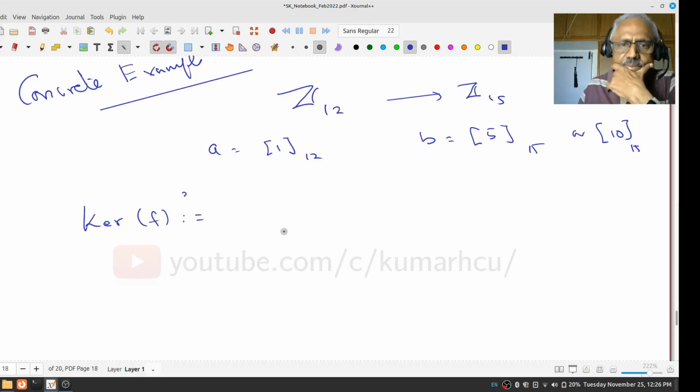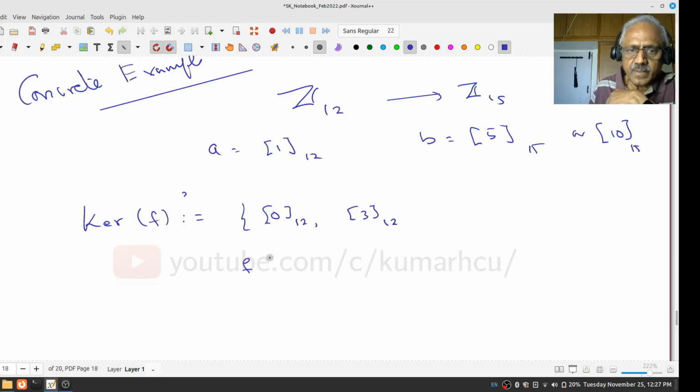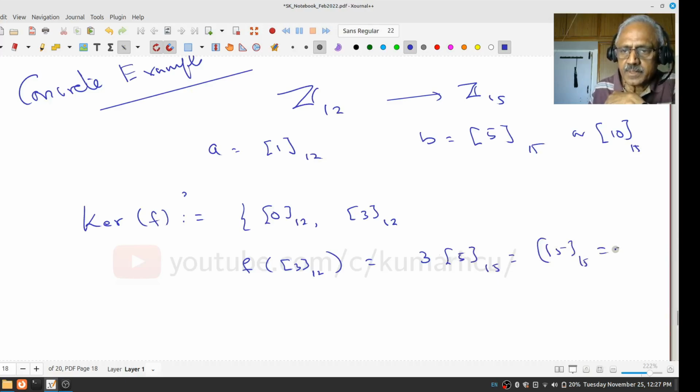Now, the kernel of f of course will contain 0. 2 goes to 10. 3 goes to 3 times 5, that is 15, and 15 is 0 in Z15.